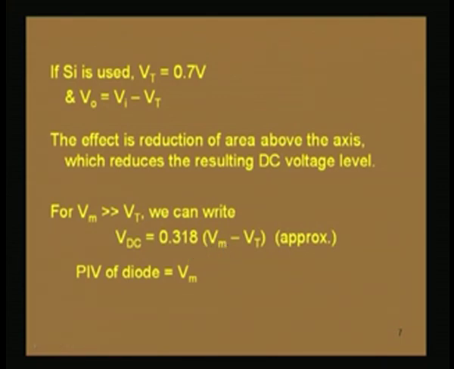Now, there is another important term to know, that is the peak inverse voltage of the diode. As we have discussed earlier, it is the maximum or peak voltage that the diode can withstand when it is not conducting. That is important in analysis, because in order to not enter into breakdown, we must always remember the peak inverse voltage of a diode.